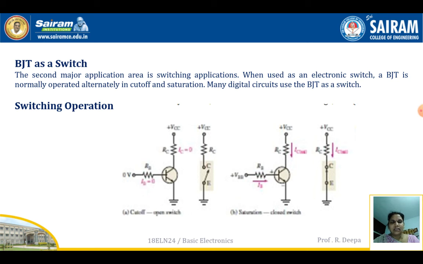Hence the external input bias voltage makes the transistor operate in saturation region. Hence there will be flow of base current and collector current. As there is a flow of collector current, the potential between the collector and the emitter will be 0, or very small. So collector current flows and it will act as a closed switch.